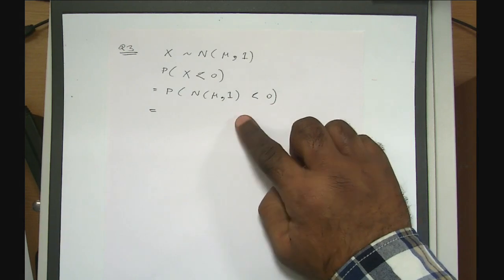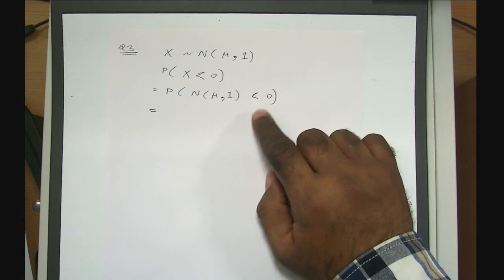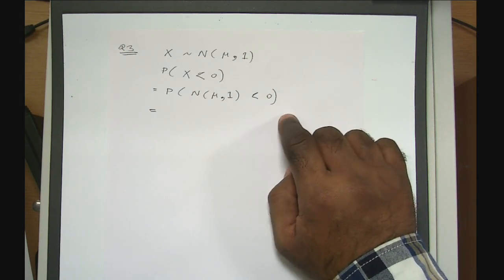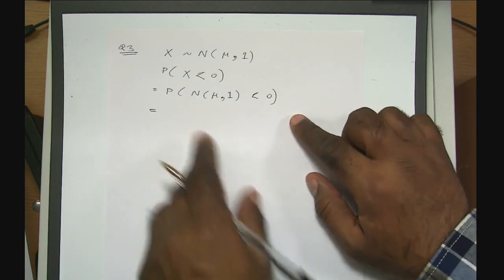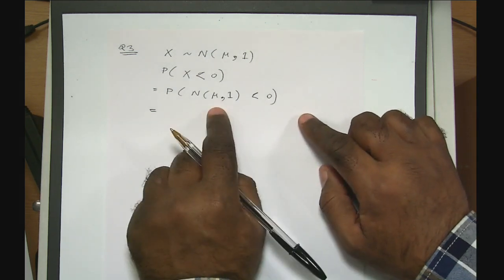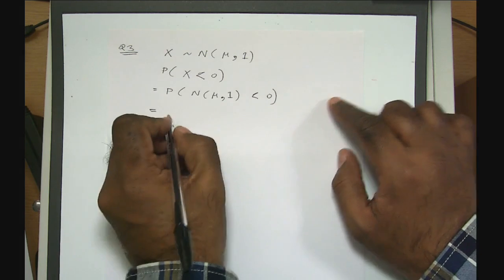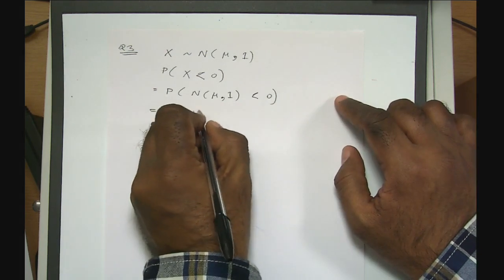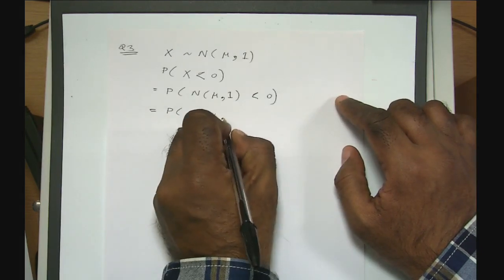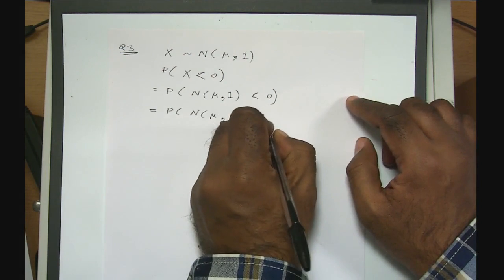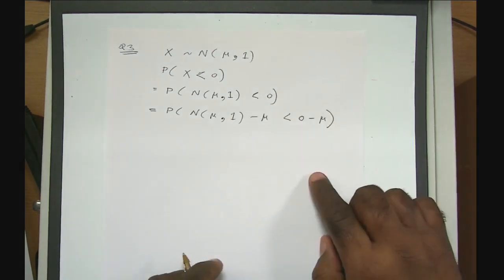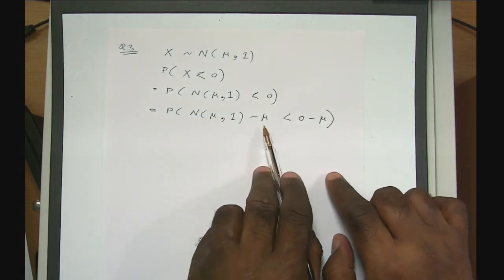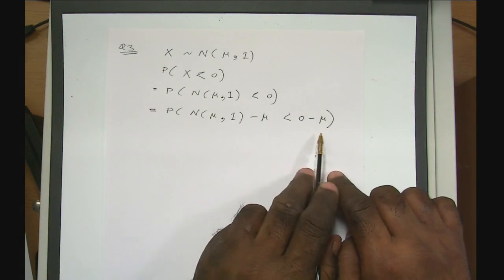Now, what I'm going to do here is I'm going to standardize both sides. You know what standardization is, right? Standardize means that you make this into a standard normal variable. And the only way you can do that is to, you see what I've done? I have subtracted mu on the left and the right. Okay?